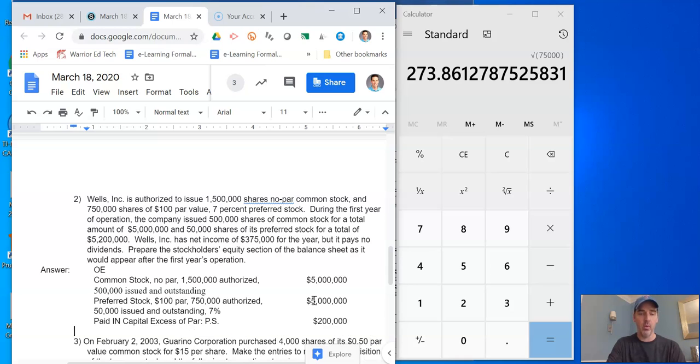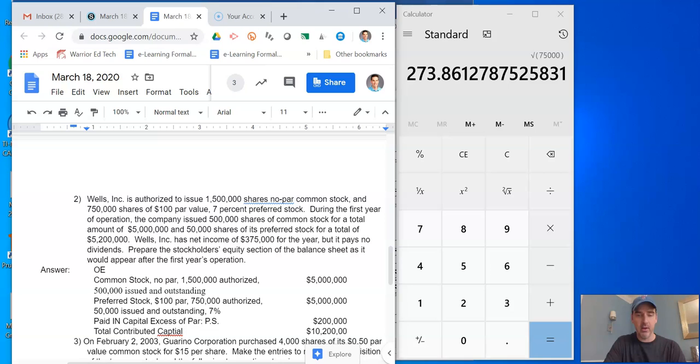So if we look then, we want to come up with a total contributed capital. And so that's just the total of the money that we received. And so the grand total here, it looks like it's $10,200,000.